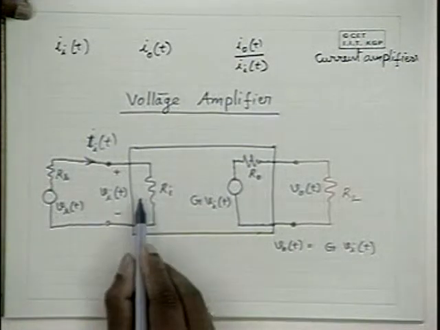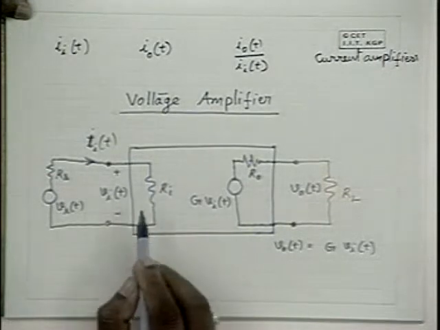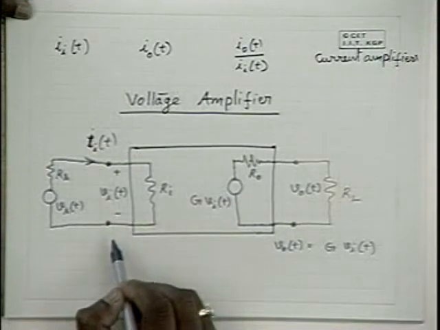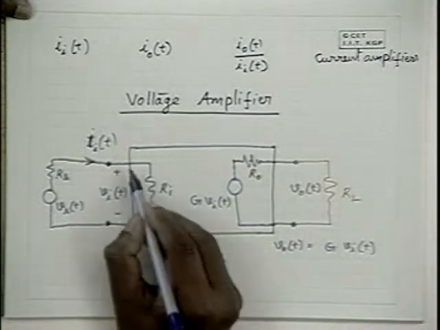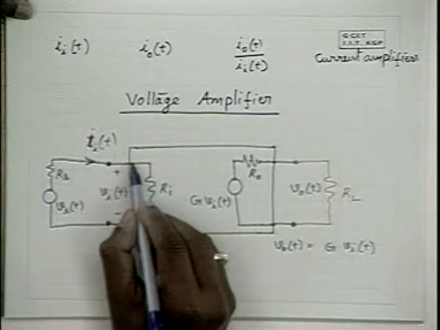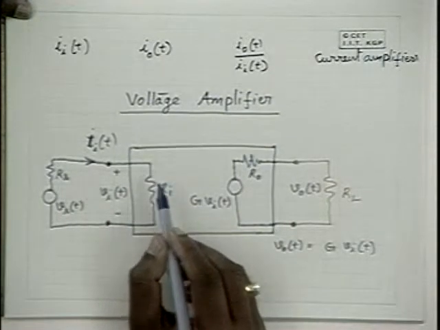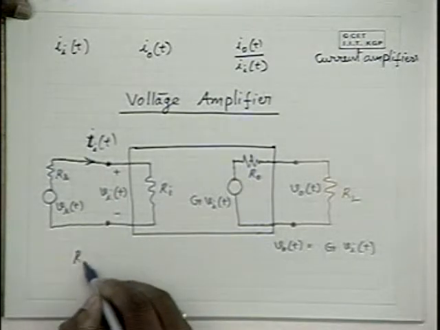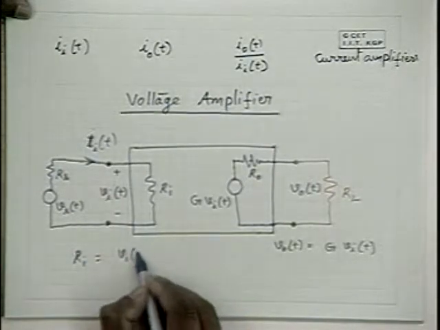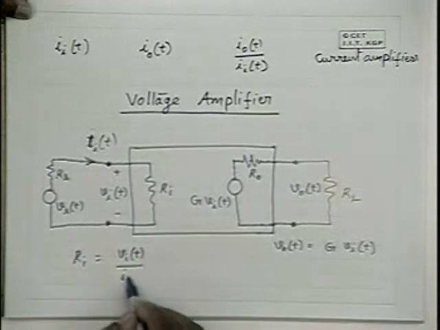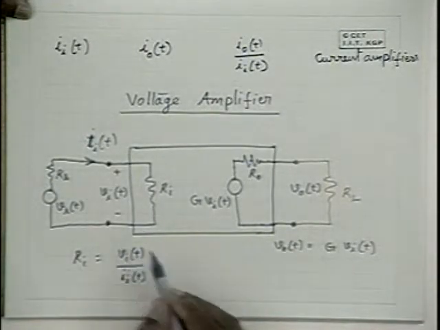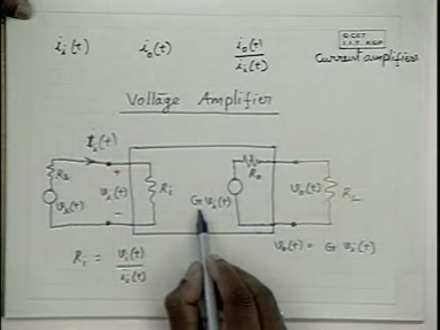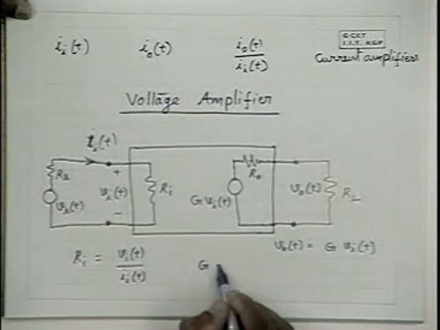Now, what is R_i here? R_i is the input impedance. How do you find it? If you apply some 1 volt signal, or some V_IT, at the input, and you observe some I_IT as the current flowing inside, then R_i is V_IT divided by I_IT, the input voltage divided by the input current. Then what about the gain G? How do you determine G if an amplifier is given to you?